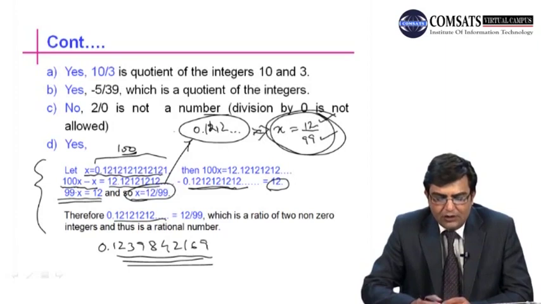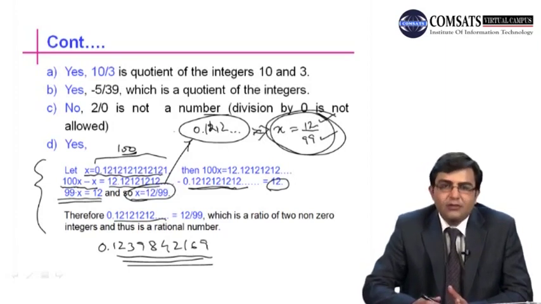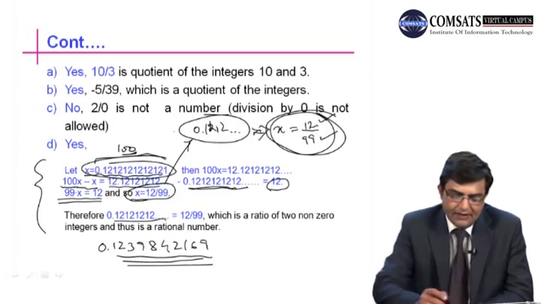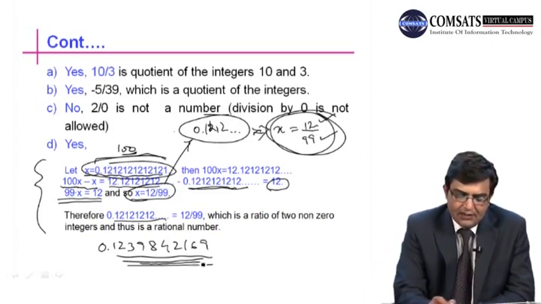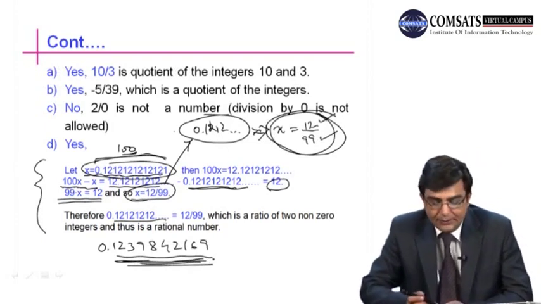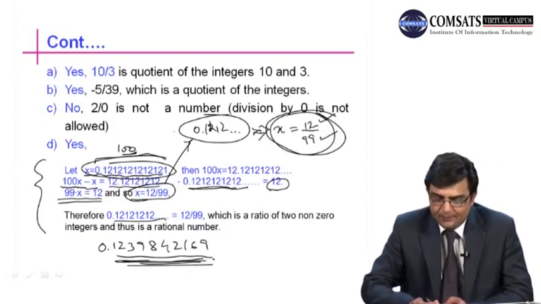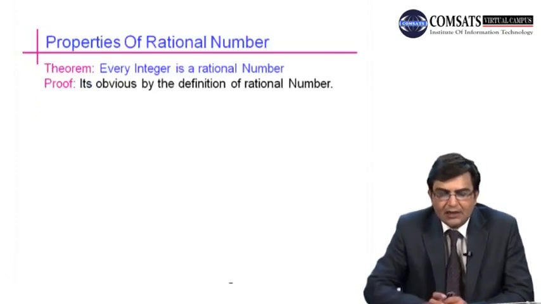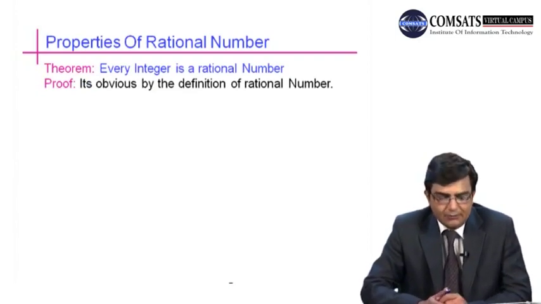Only the numbers in decimal form in which a sequence of numbers repeats are rational numbers, and those in which the digits after the decimal do not repeat are not rational numbers. I hope you understand what a rational number is. Now we proceed to the properties of rational numbers.